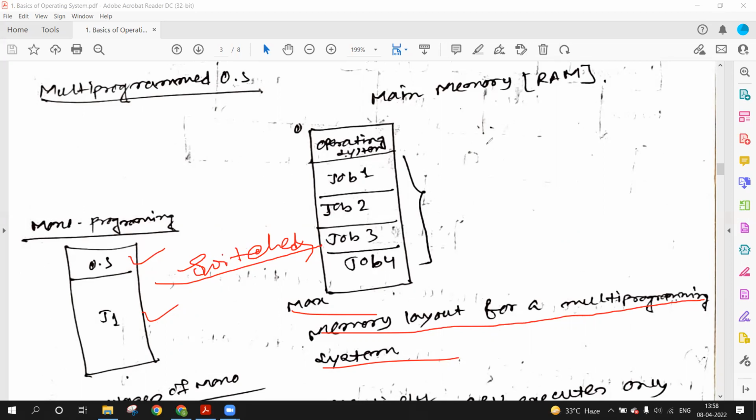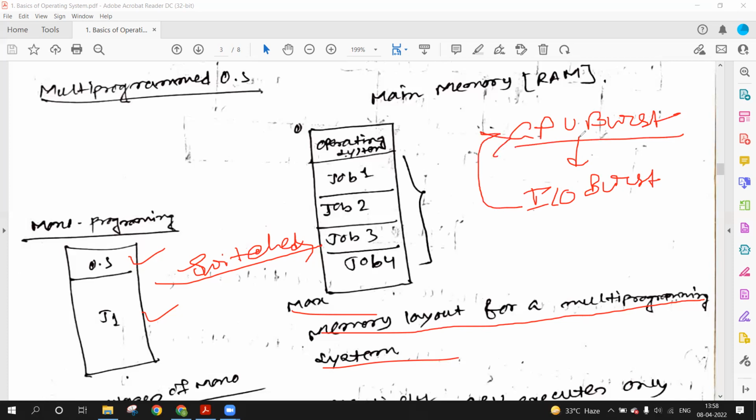And here CPU burst and IO burst alternate in a cycle, like one CPU burst, then IO burst, then again CPU burst, then again IO burst, in this way.